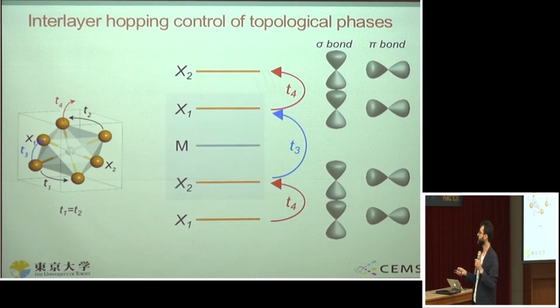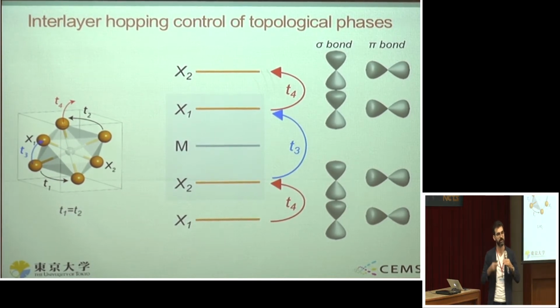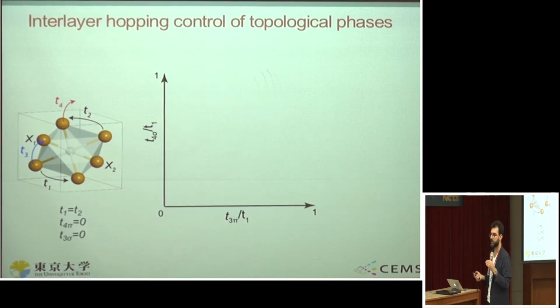And also you can think about two different kinds of hopping from X1 to X2, or interlayer hopping between the layers. So you can think about two different kinds of interlayer hopping, which have been shown here, like T3 and T4. And thinking about sigma bonding and pi bonding, then we can basically think about different scenarios.